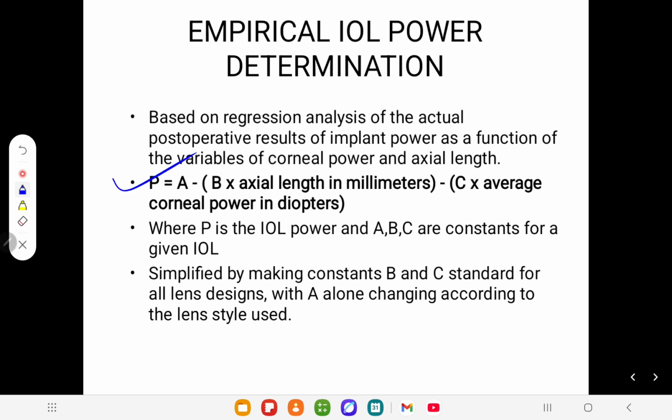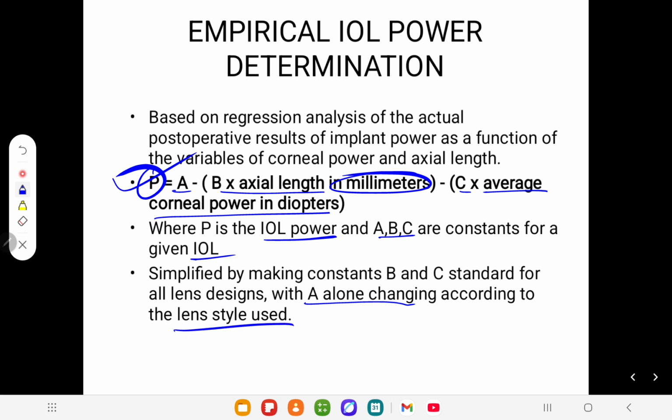This very famous formula: P = A minus B times axial length in millimeters minus C times average corneal power in diopters, where P is the IOL power, and A, B, C are constants for a given IOL. It's definitely not different from human to human, but for a particular given intraocular lens it is constant. It is simplified by making the constants B and C the same for all lens designs, and A alone changing according to the lens style used.